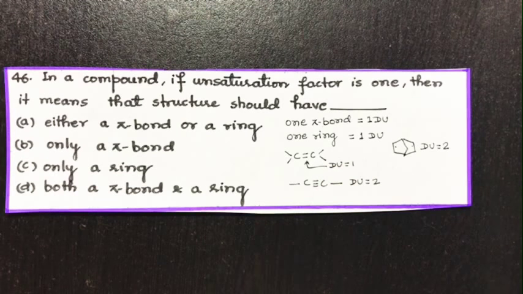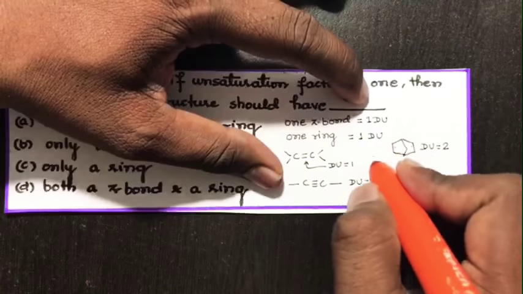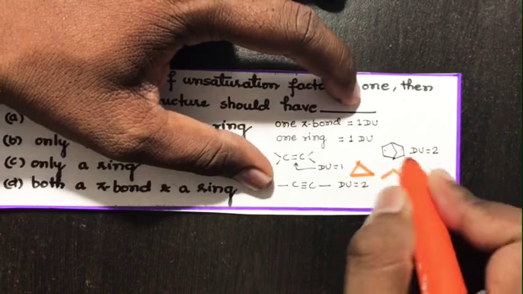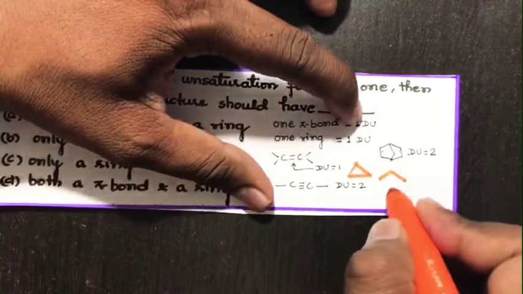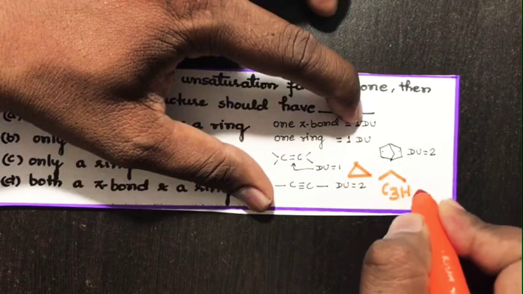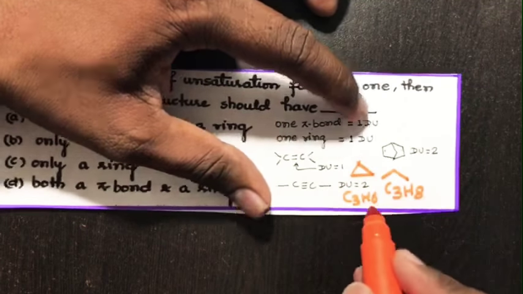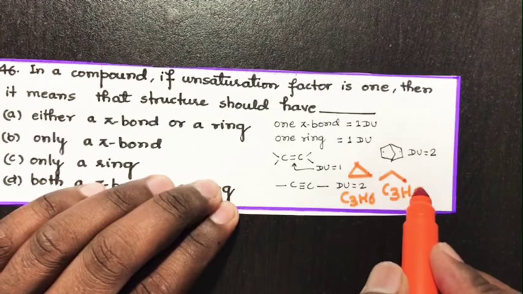You have to remember this, and it can also be seen by using this. This is one ring, and if we write the fully saturated form of this, there will be one deficiency of hydrogen. This will be C3H8 and this will be C3H6. This is the molecular formula of cyclopropane, and this is the molecular formula of propane.